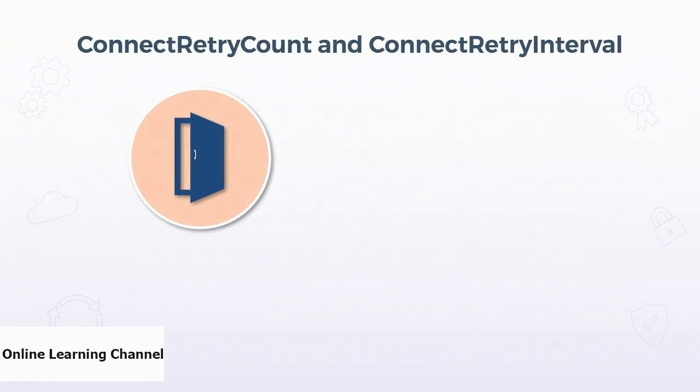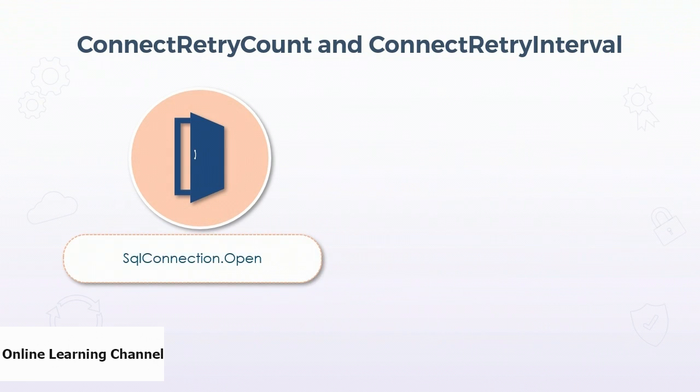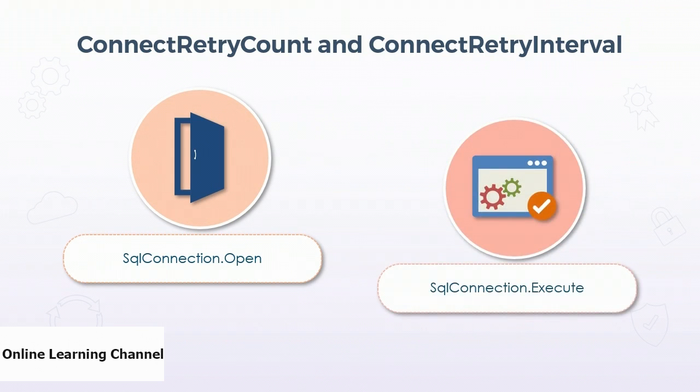Now there are some subtleties in how the SqlConnection library performs its retries, which application developers need to be aware of to make informed decisions on how to write their applications. The library performs retries in 2 situations: when an SqlConnection.Open call is made to connect to the database, and when an SqlConnection.Execute call is made to execute a query.